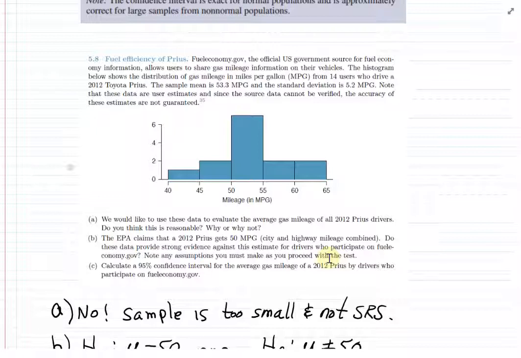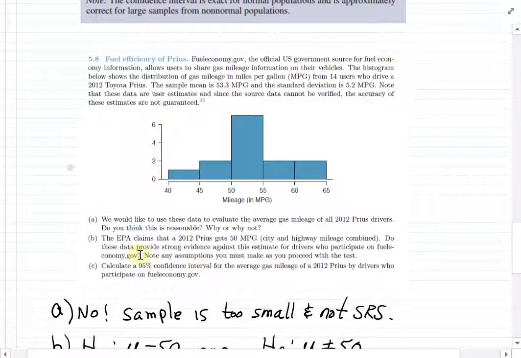In part B, the EPA claims, so notice we want to test a hypothesis here. They claim a 2012 Prius gets 50 miles per gallon, city and highway combined. Do these data provide strong evidence against this estimate for drivers who participate on fueleconomy.gov?